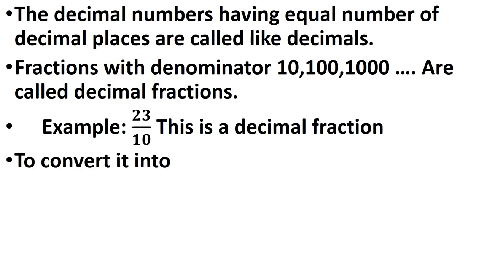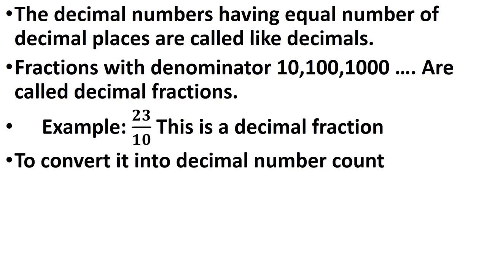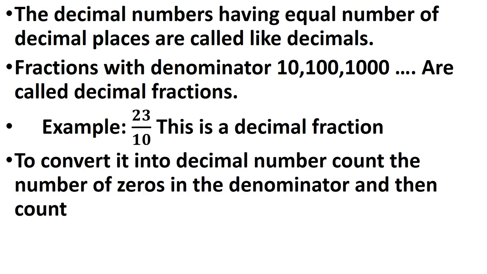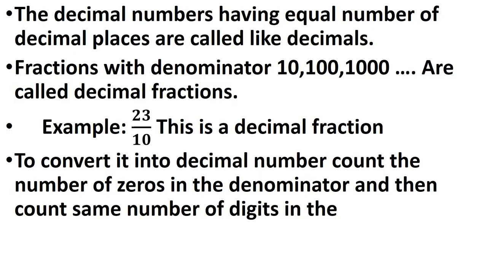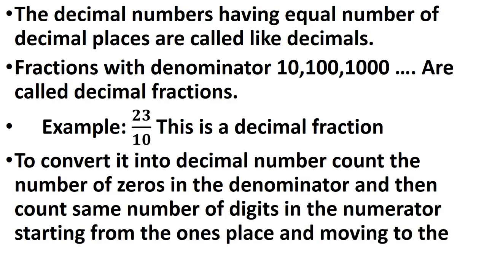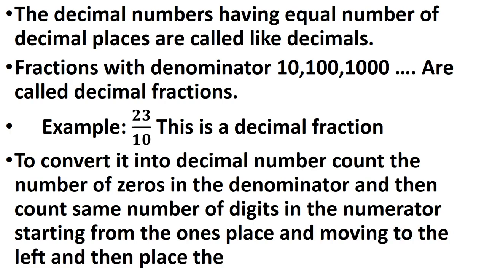To convert it into a decimal number, count the number of zeros in the denominator and then count the same number of digits in the numerator, starting from the ones place digit and moving to the left, and then place the decimal point.